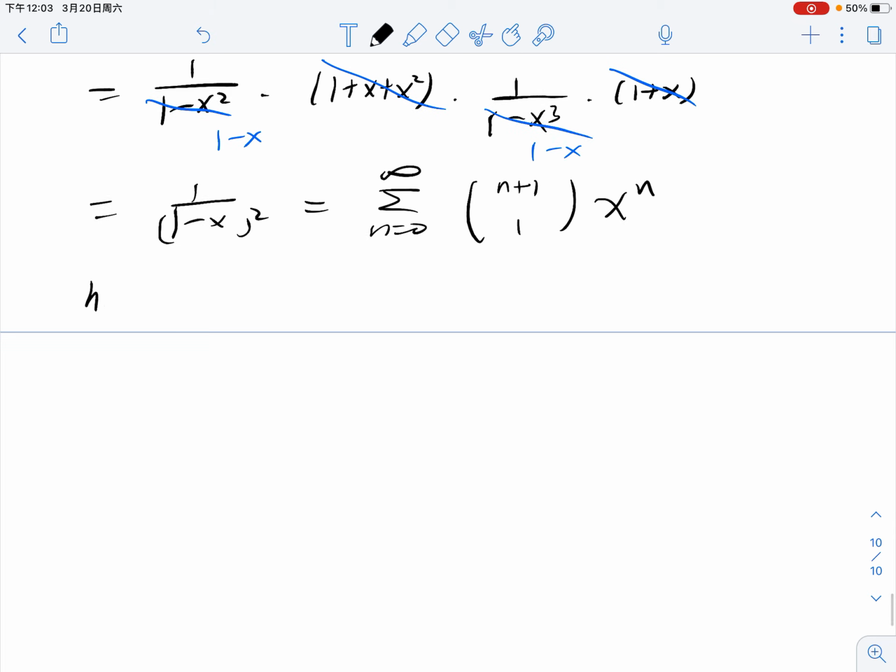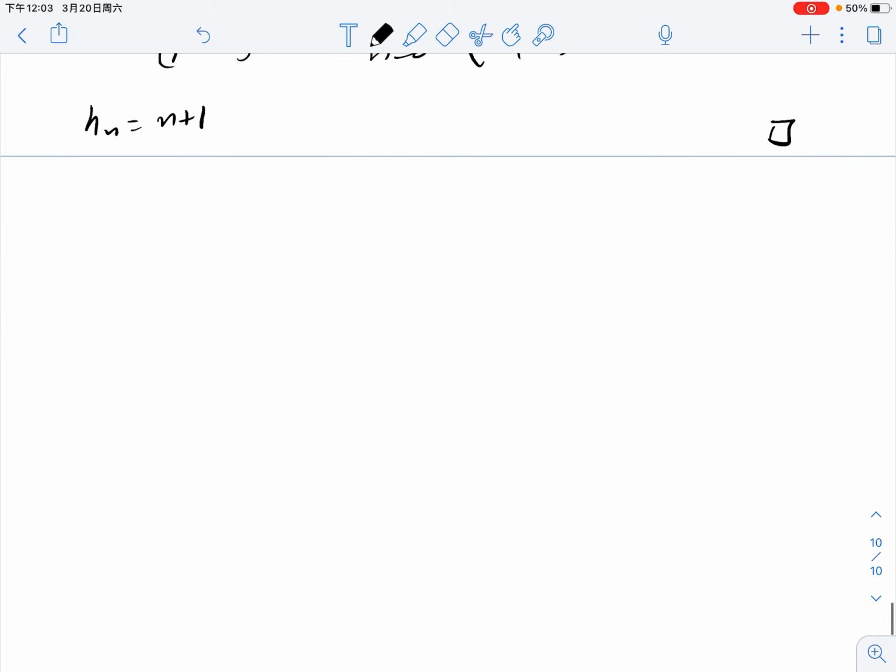Okay, therefore Hn is n plus 1. Okay, and this is how we use the generating functions to have some actual computation.